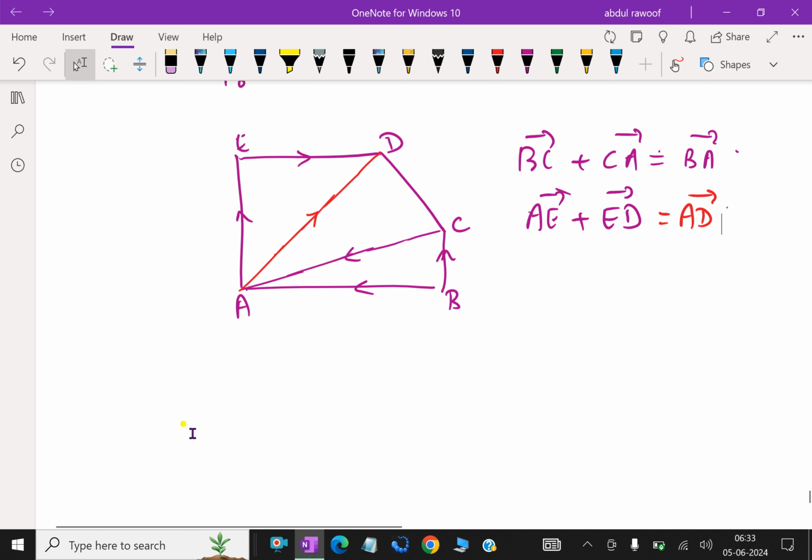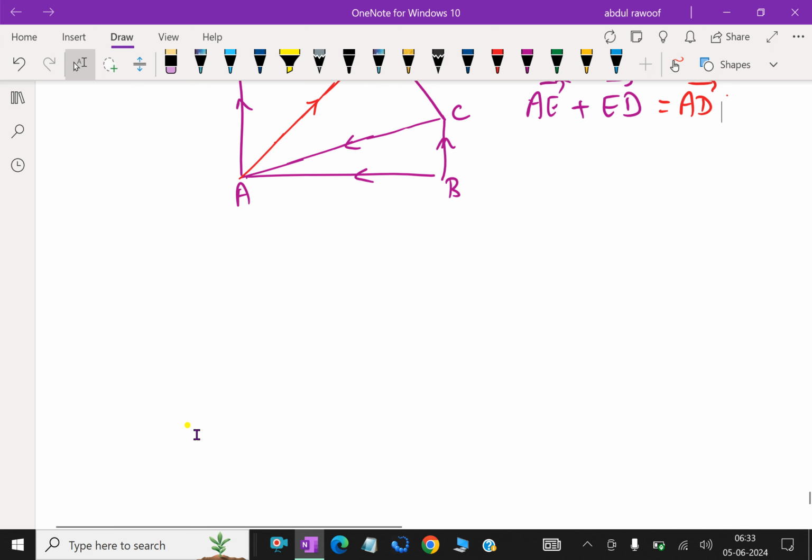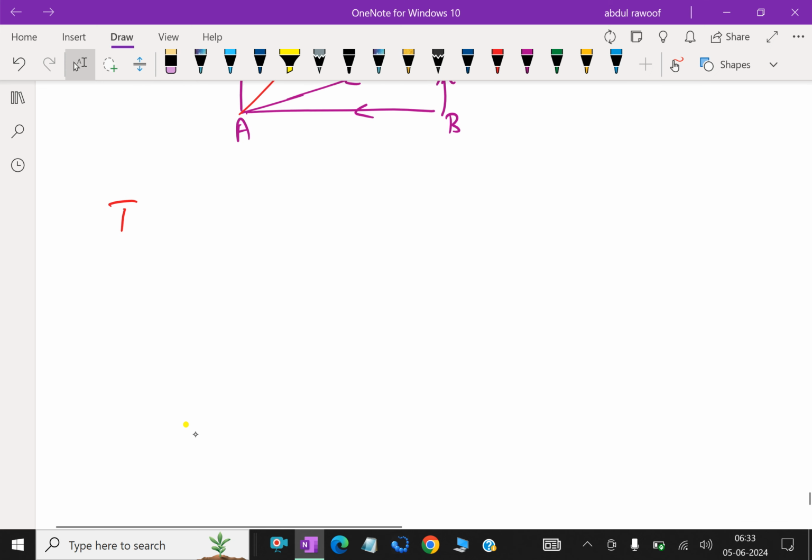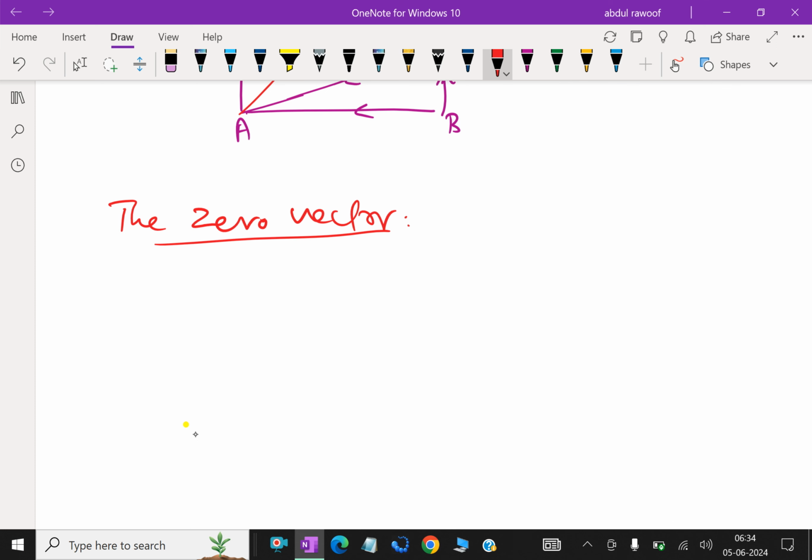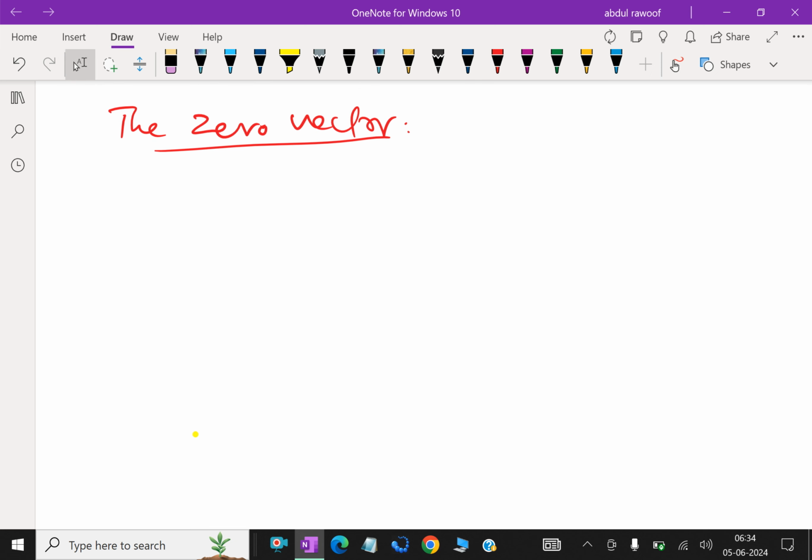Next, we'll do the zero vector. What is a zero vector? A zero vector is a vector with length 0.